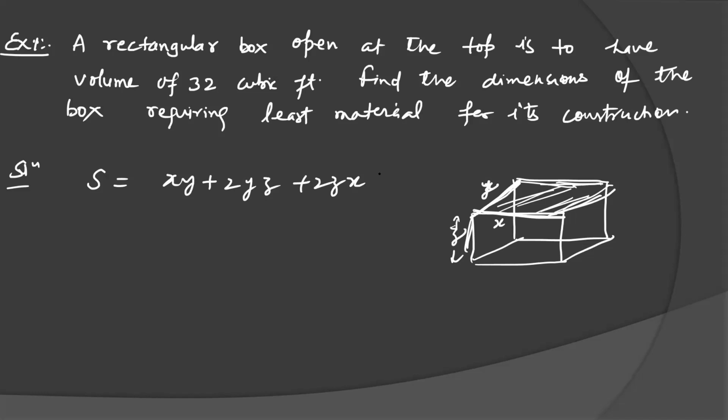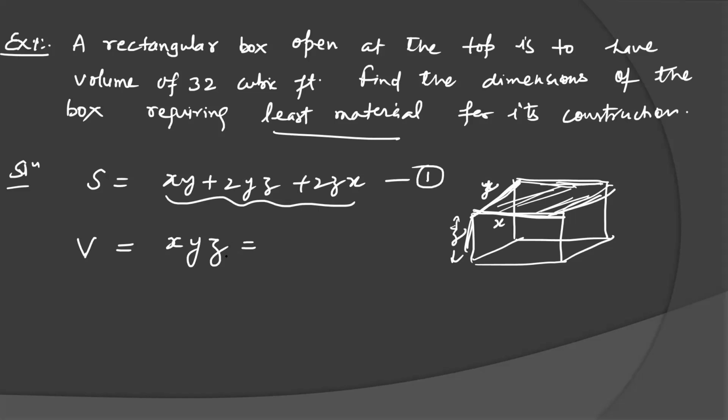Okay, a rectangular box is a cuboid actually, but this cube is open at the top, so we will take only one time x into y. This is your equation 1, and this function should be minimized here for least material. And the given volume, the volume of the cube, is xyz, length into width into height. That is actually 32 in the question. This is equation 2.